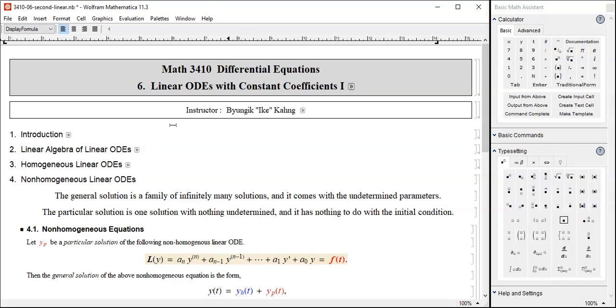Therefore, it does not work with the initial condition. It has nothing to do with the initial condition, and that's really important. If you plug that into an initial condition, all you're going to get is pass or fail. You cannot work it out and solve anything because there is nothing to solve for. There's nothing undetermined here.